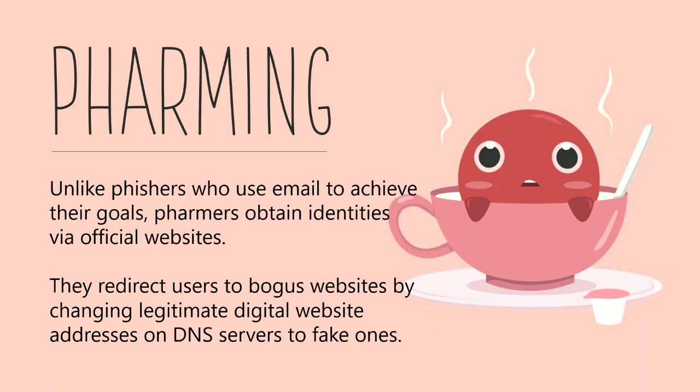They redirect users to bogus websites by changing legitimate website addresses on DNS servers to fake ones. This type of internet fraud also targets access credentials such as usernames and passwords, but unlike phishers, they create a more serious threat because it is next to impossible for the user to spot the fact that they are being scammed.